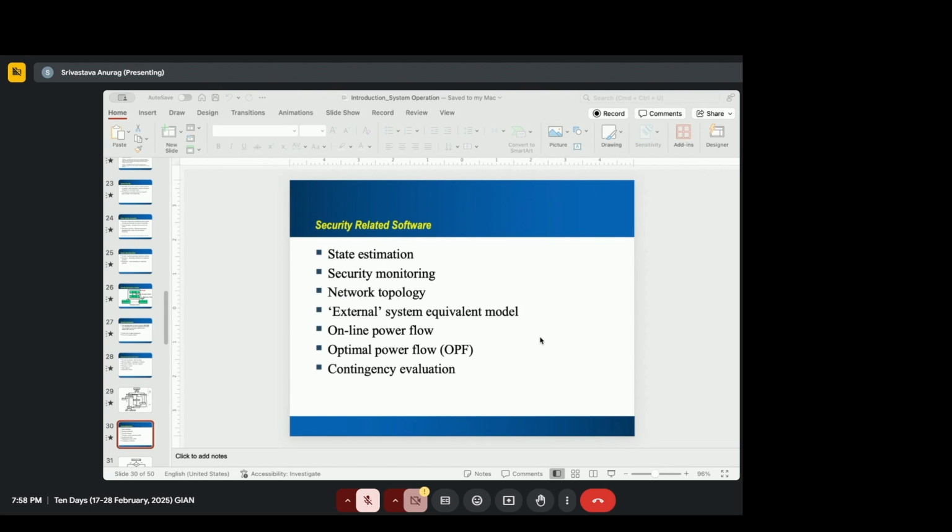OPF is a little bit more complex because it is a more nonlinear optimization, depending on different things that are being considered. But OPF also comes with the same vendors, and which one is better, there's no direct comparison because this is customized by utility requirements.